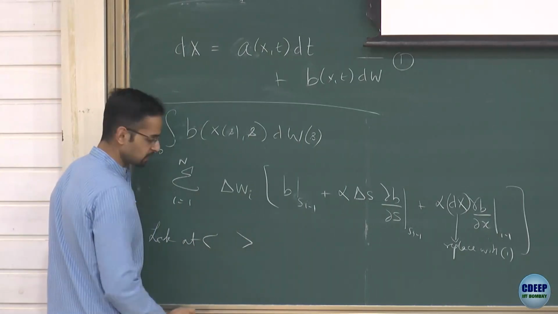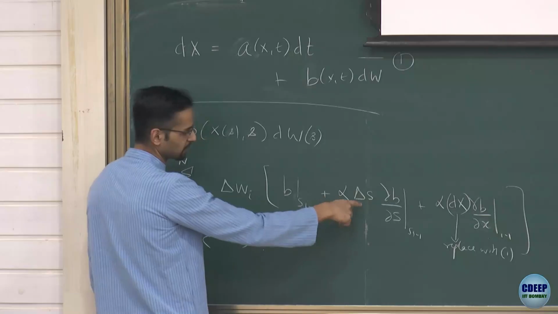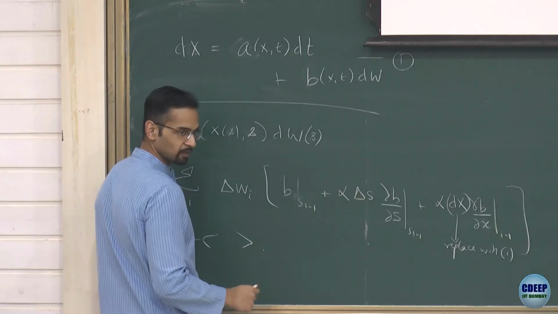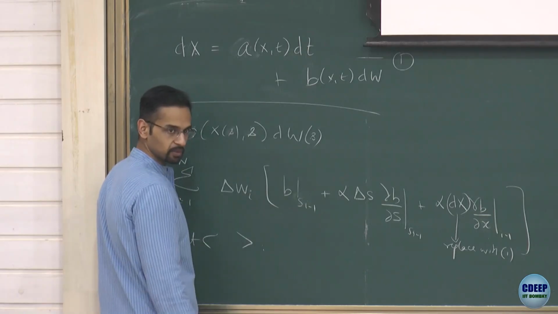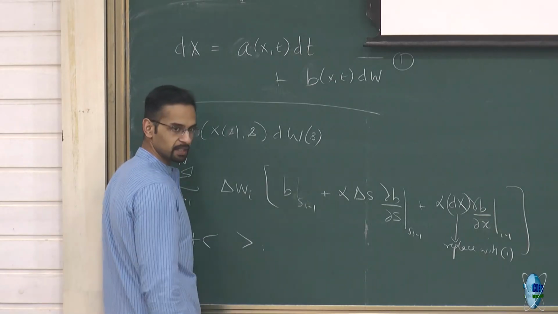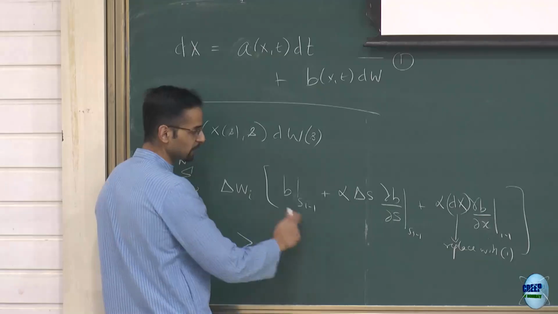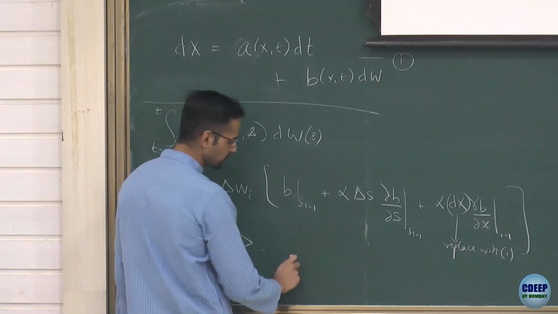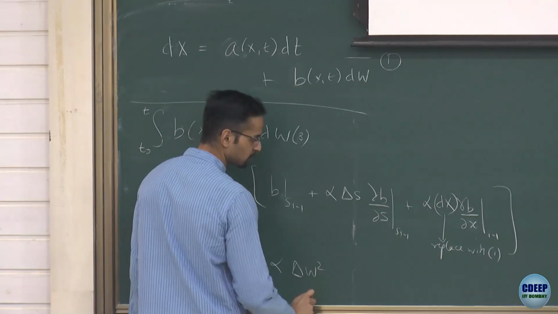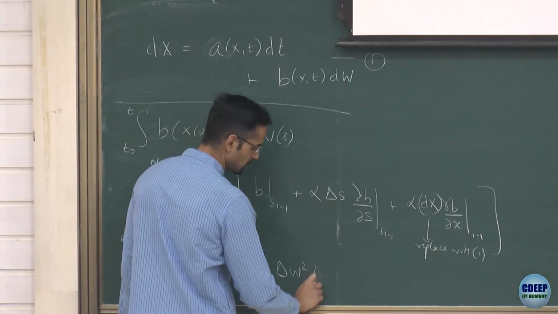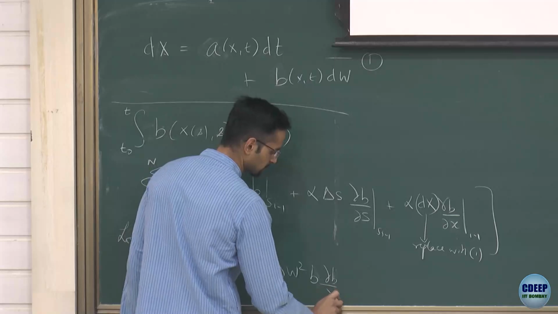Ultimately, if I do this and then I look at the mean value of the integral, these other terms will not survive, because the mean of delta s delta W becomes 0. Any delta W by itself has mean 0. So the term that will survive from the correction will have this alpha, I'll get an alpha delta W squared term, B times the partial derivative of B with respect to x.